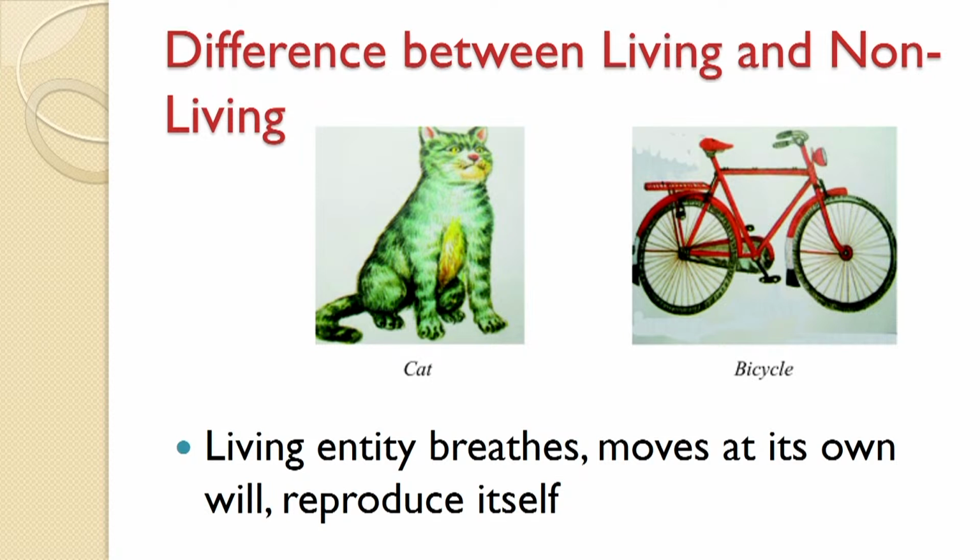If you examine these two pictures and ask yourself a very simple question, which entity here breathes, who is able to move, or who can reproduce itself, in all the cases the answer will be the cat, because a cat can breathe, it can move with its own will, and it can also reproduce or breed.